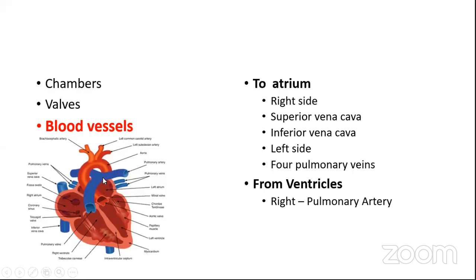This vessel carries the blood to the lungs for purification. Do you understand the purification? Purification is nothing but eliminating the carbon dioxide and taking in the oxygen from the lungs.